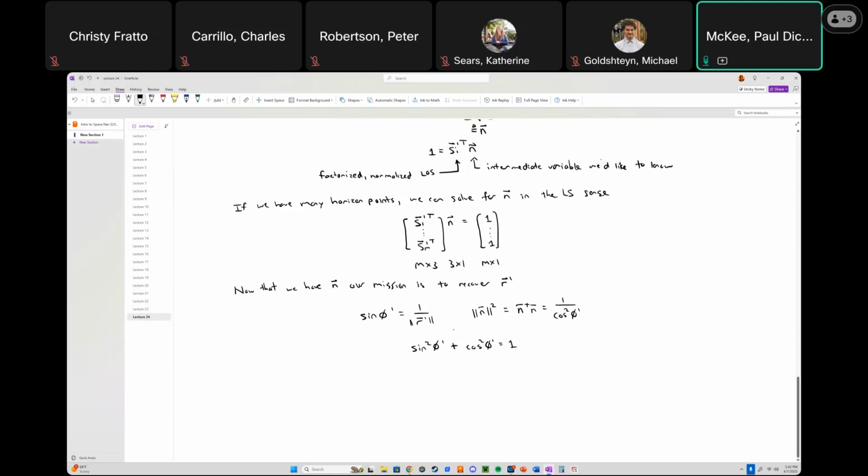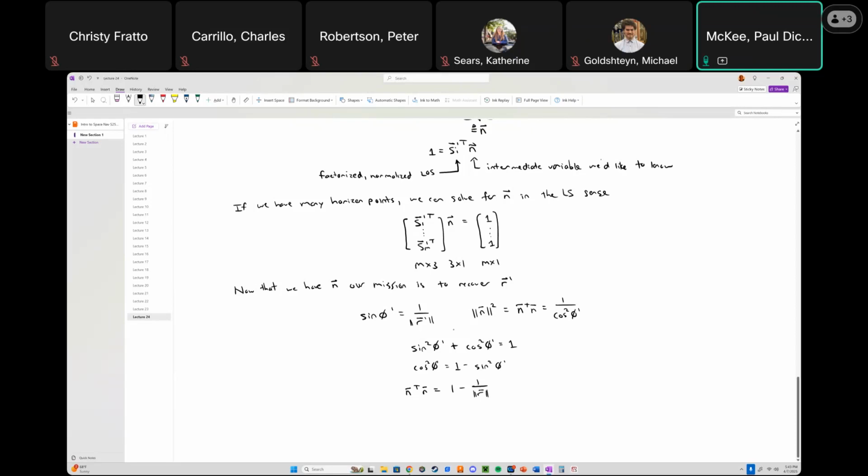Okay, that means that the cosine squared of phi prime is 1 minus sine squared of phi prime, which means that n transpose n is equal to, okay, this would be 1 minus 1 over the norm of r prime, squared.